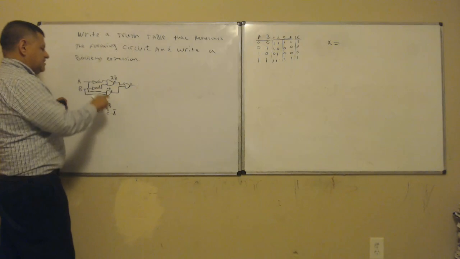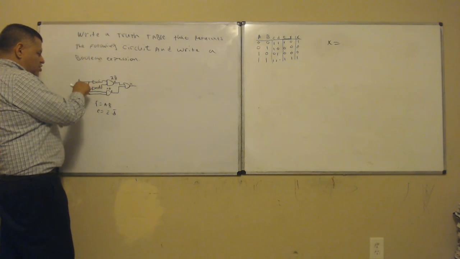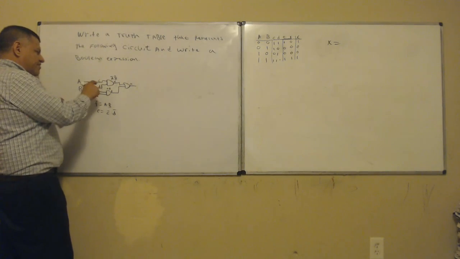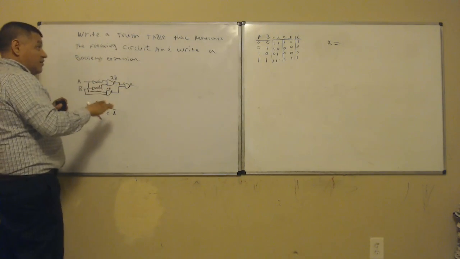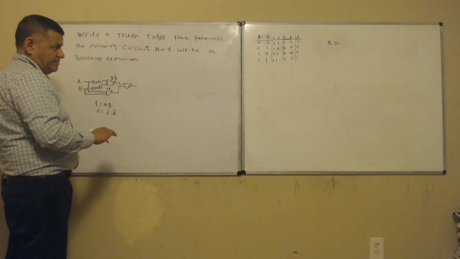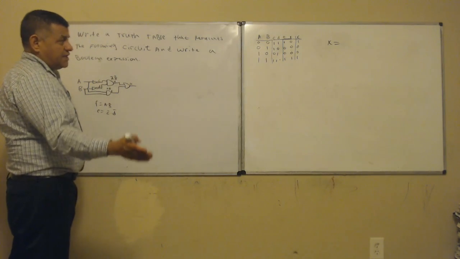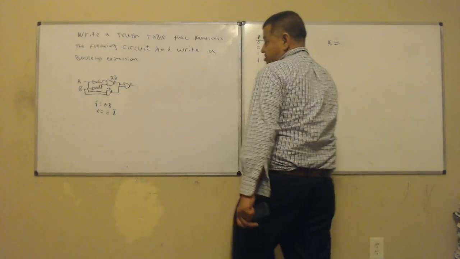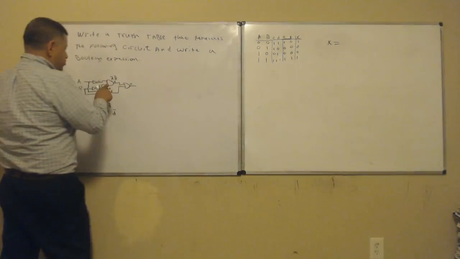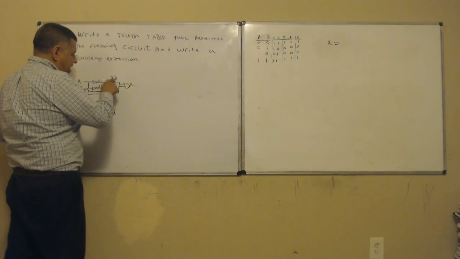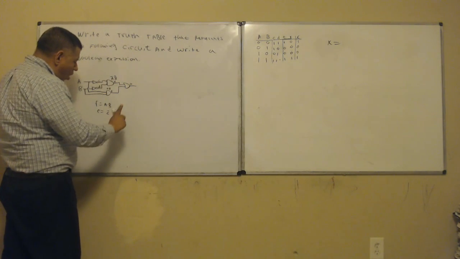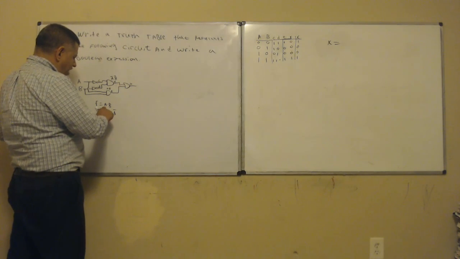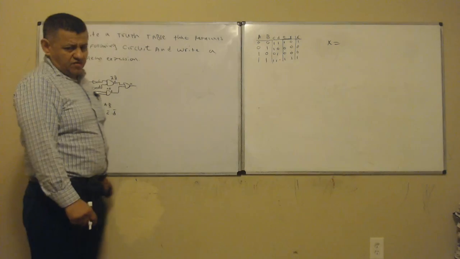When that not comes in, it negates whatever value. The previous value of A is overridden: whatever was true becomes false, and if it's false, it becomes true. Okay. So now the expression over here is going to be not A, not B, or A and B. Right.